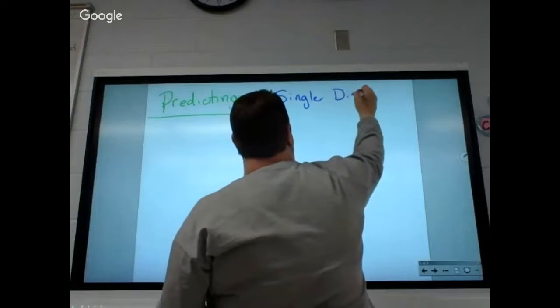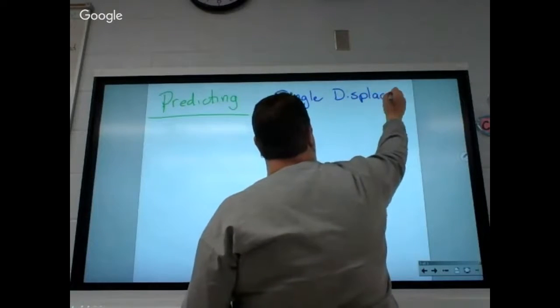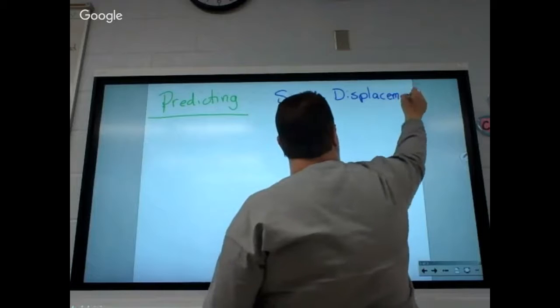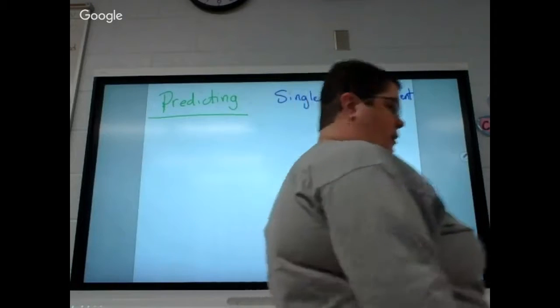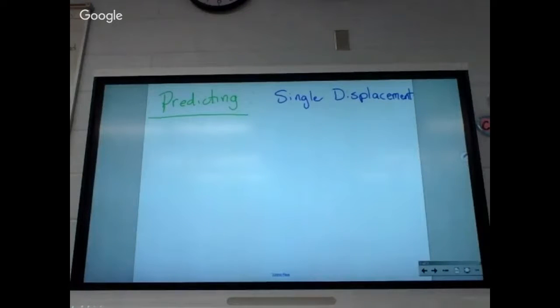Single and double displacement are the easiest two to do. And we're just going to start with single. Sometimes I'm convinced that double is easier, but I like for you to get used to the rules, so I tend to start with single.